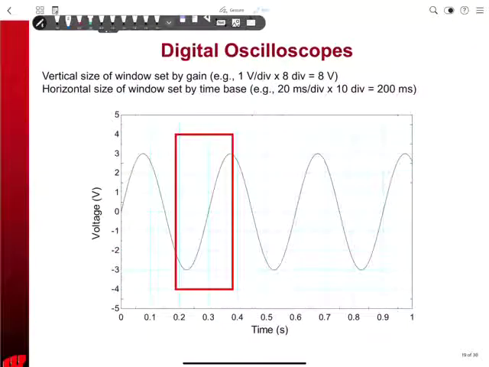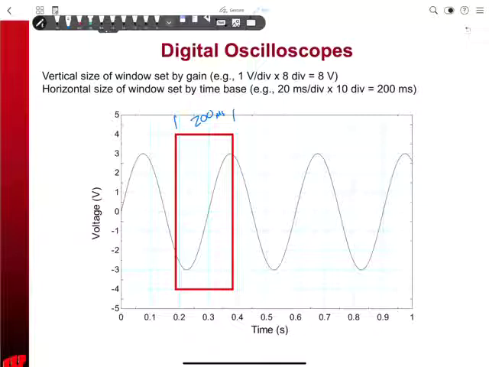So let's say this is the same signal again, right? And I get about 3 1/4 cycles in this 1 second. But I'm really just interested in this part here that's in the red box. So I want to measure a total of 200 milliseconds, right? So this distance here is 200 milliseconds.